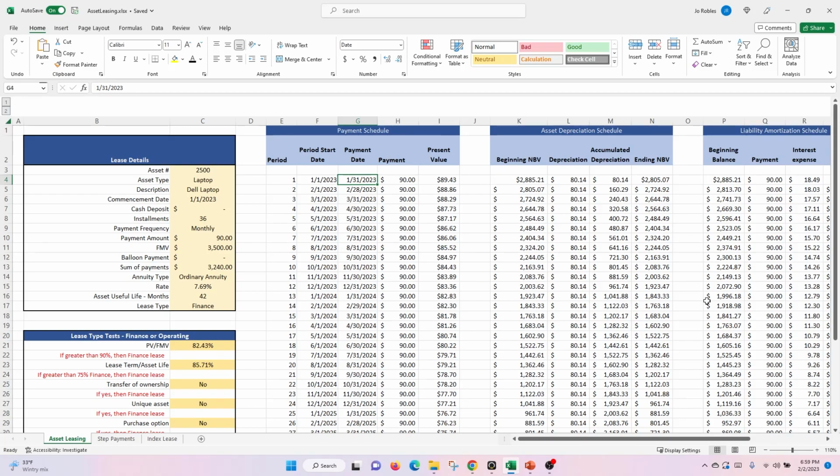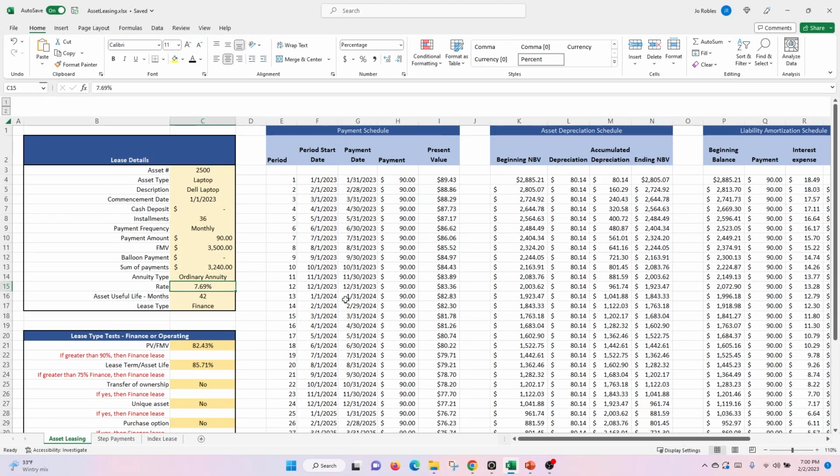Now, if you had an annuity due, your payment would be due at the beginning of the period. Annuity due is also called payments in advance. So just keep that in mind as we go and set this up in Dynamics.